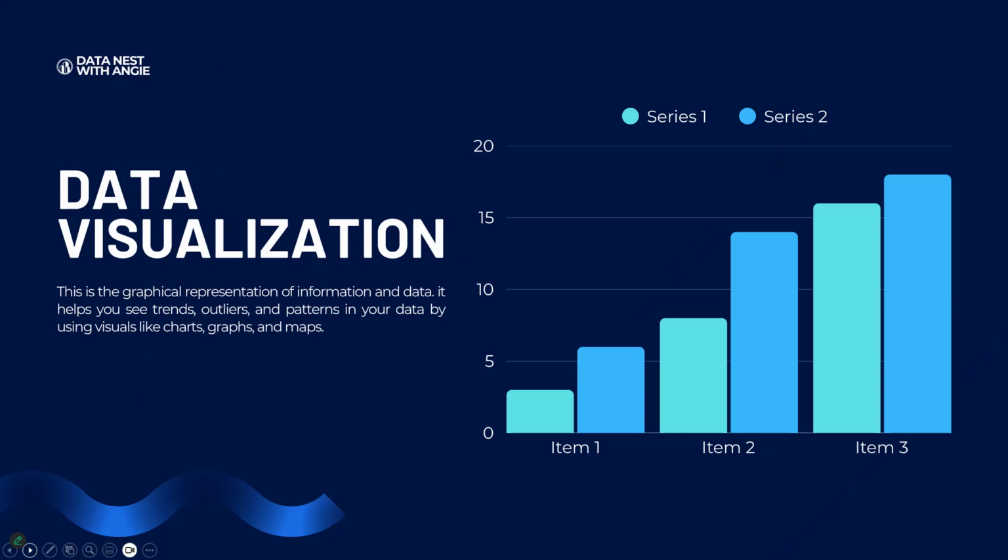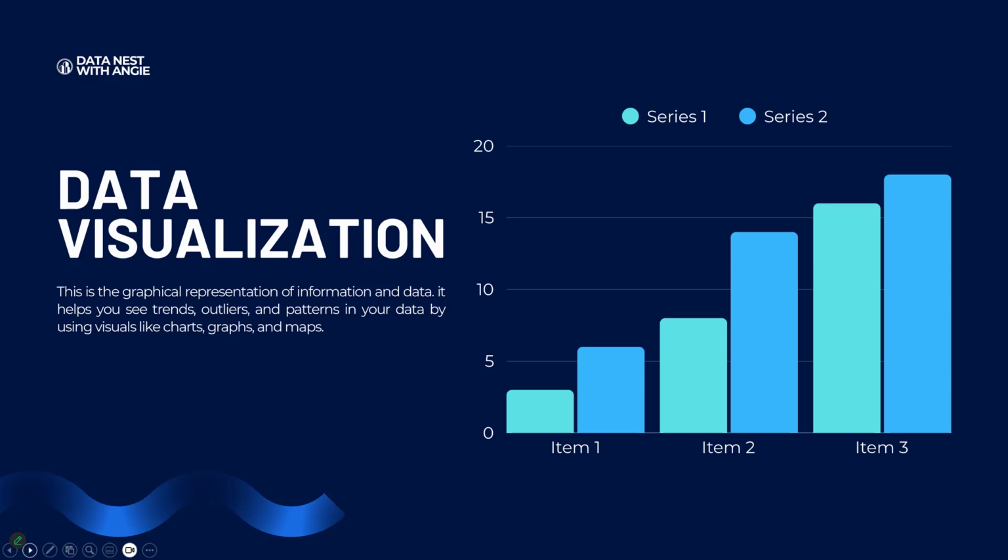What is data visualization? Data visualization is the graphical representation of information and data. It helps you see trends, it helps you see outliers, it helps you see patterns in your data by using visuals such as charts, graphs, and maps. As a data analyst, the visuals you'll be using in your graphical representation of information will be graphs.